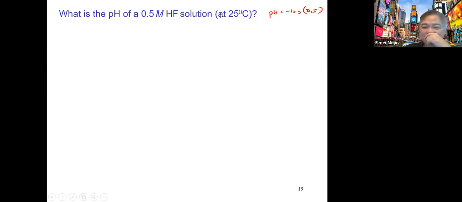Tama ba to solve this, pH is equal to negative log 0.5? Kailan na magiging tama ang sagot sa question na ganito?